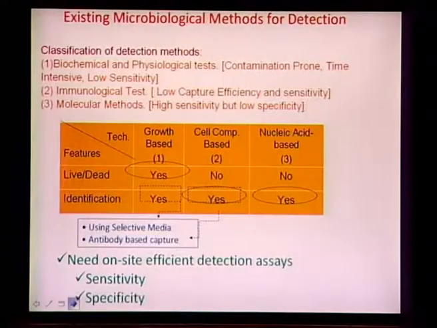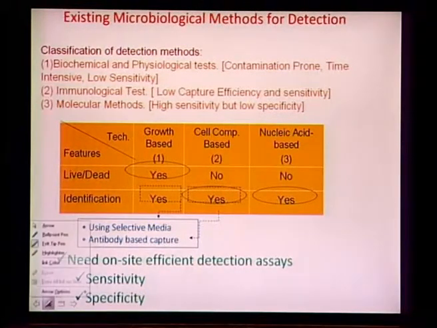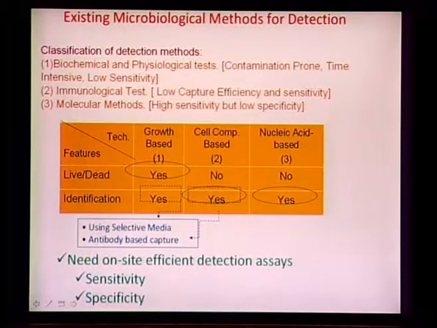As I particularly described, if you look at the range of microbiological test laboratories, methods which are available for detection, there are methods related to biochemical and physiological tests, wherein they have disadvantages like contamination, time intensiveness and low sensitivity.